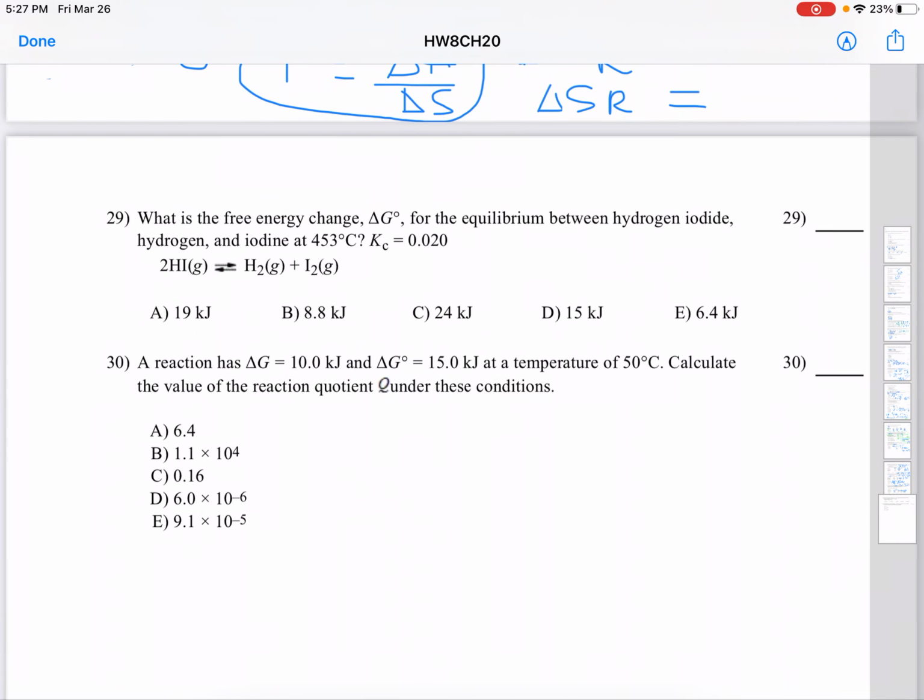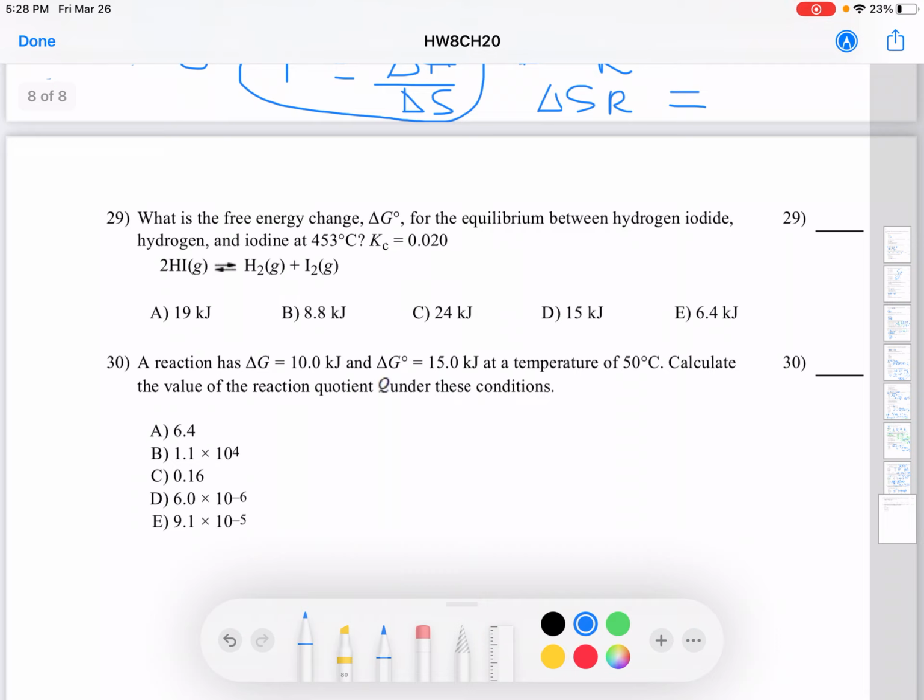Number 29. What is the free energy change delta G naught for the equilibrium between hydrogen and iodine? So for this one we are going to use this equation, delta G naught equals minus RT ln Kc, since the Kc is given.